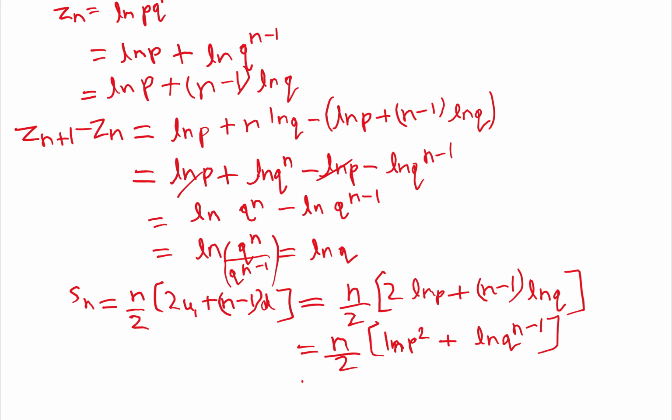Now we can combine these. So this is n upon 2 ln of p squared q to the power n minus 1.